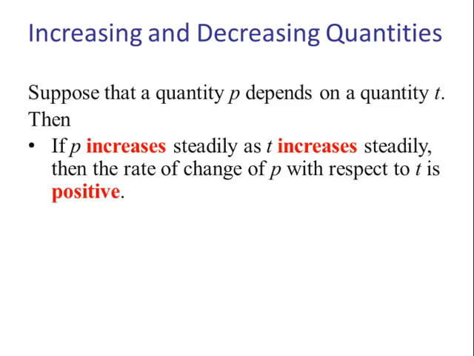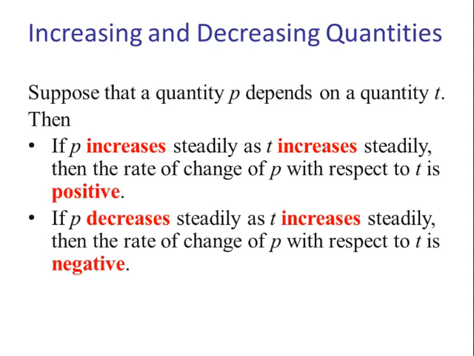As T increases, P increases. If P decreases steadily as T increases steadily, then the rate of change of P with respect to T is negative. As T increases, P decreases.